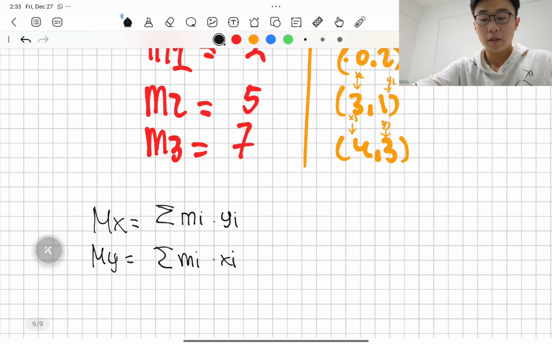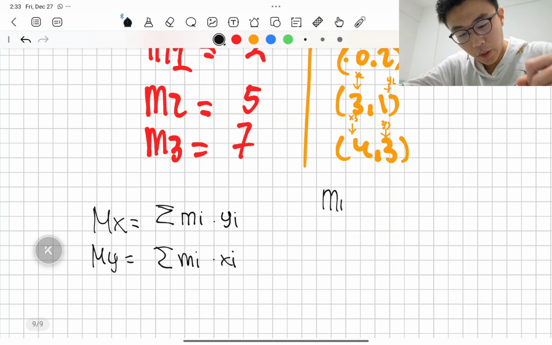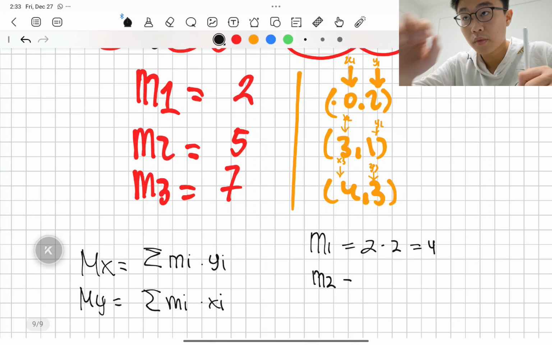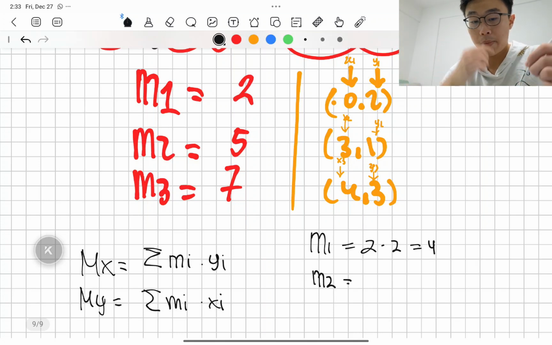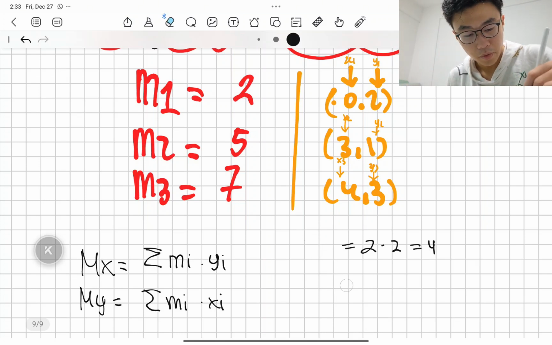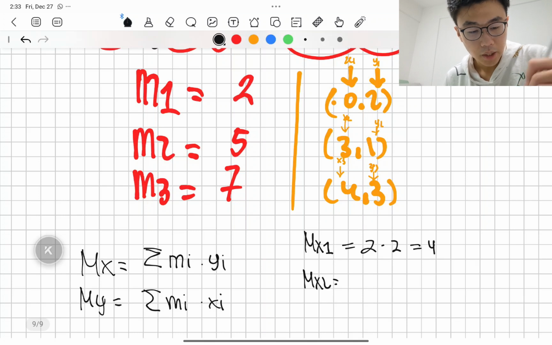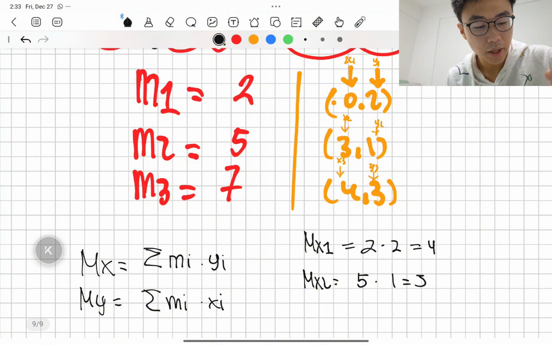Let's put in what m1 is here. Mx1 is 2 multiplied by y1. y1 is 2, so it will be 4. Mx2 will be 5 multiplied by 1, so it will be 5.